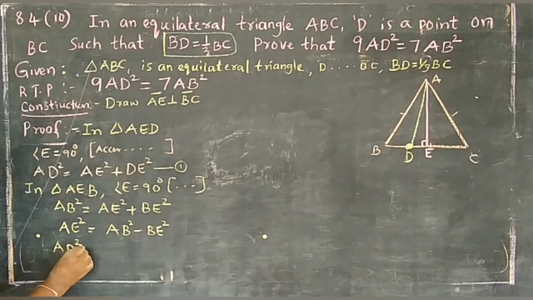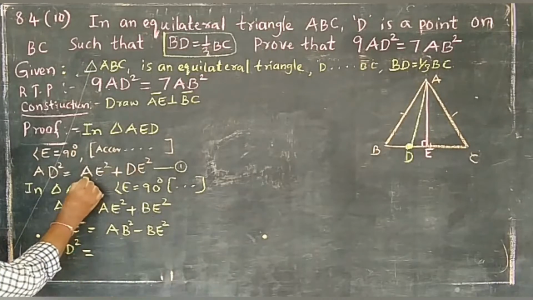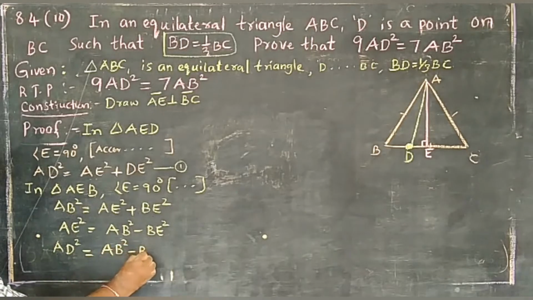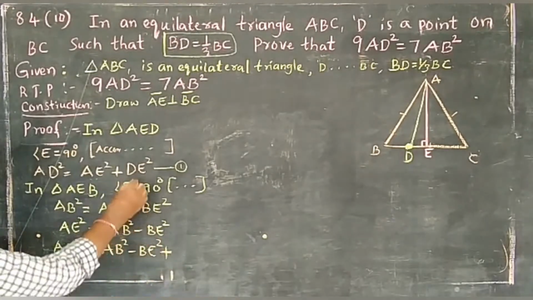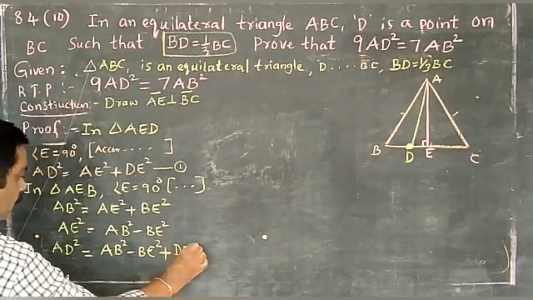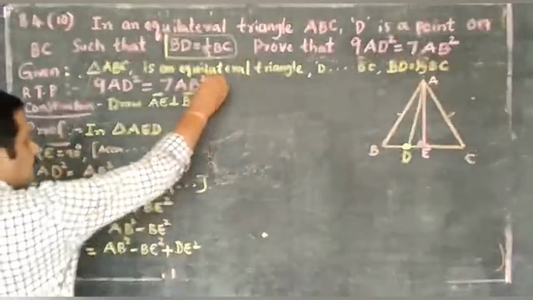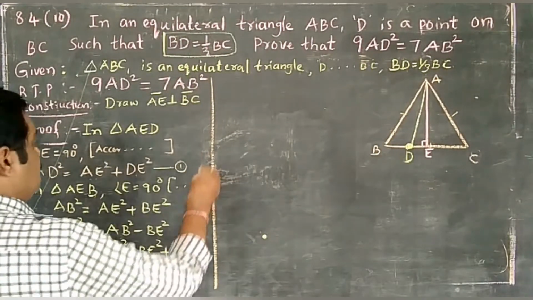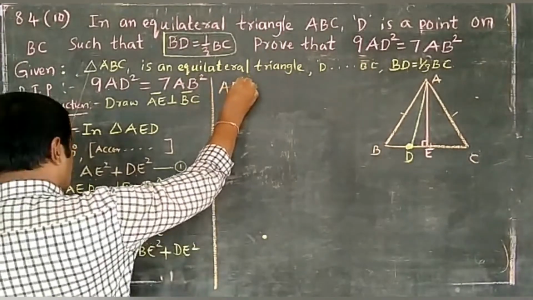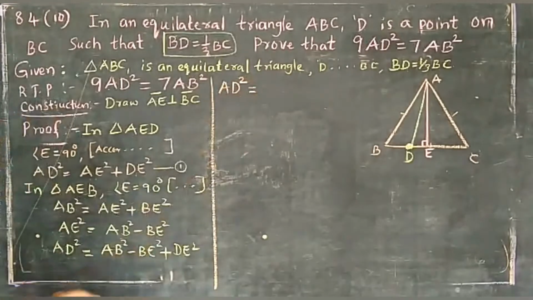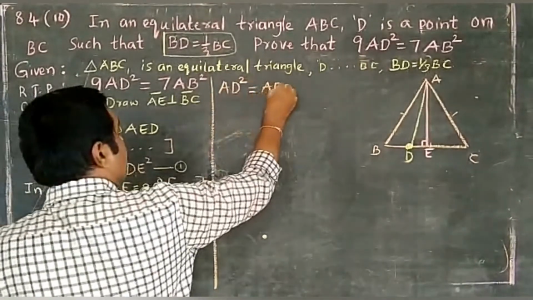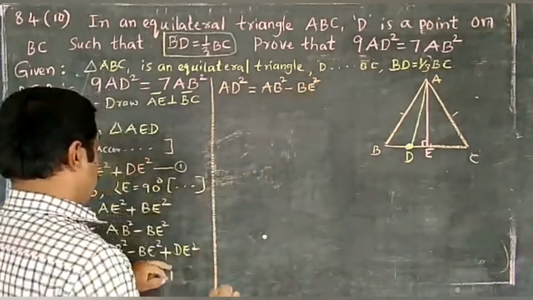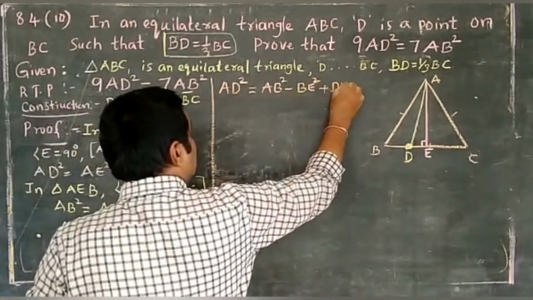AD square is equal to, instead of AE square, we write AB square minus BE square, and already here BE square is there. Is it clear? Next, AD square is equal to AB square minus BE square plus the DE square.